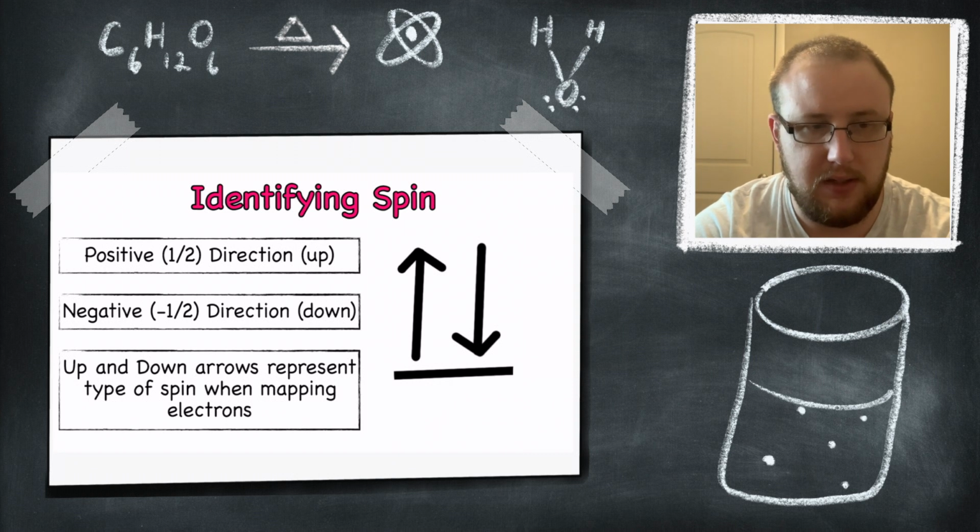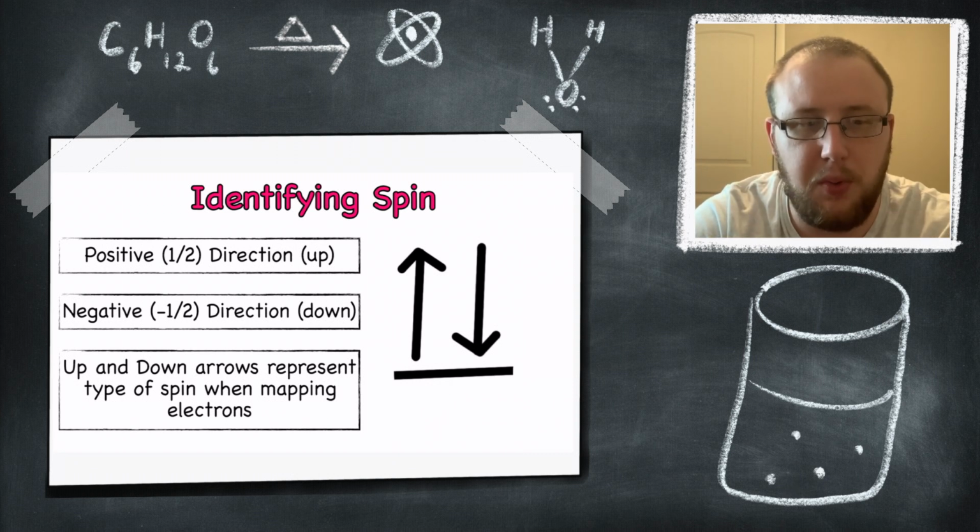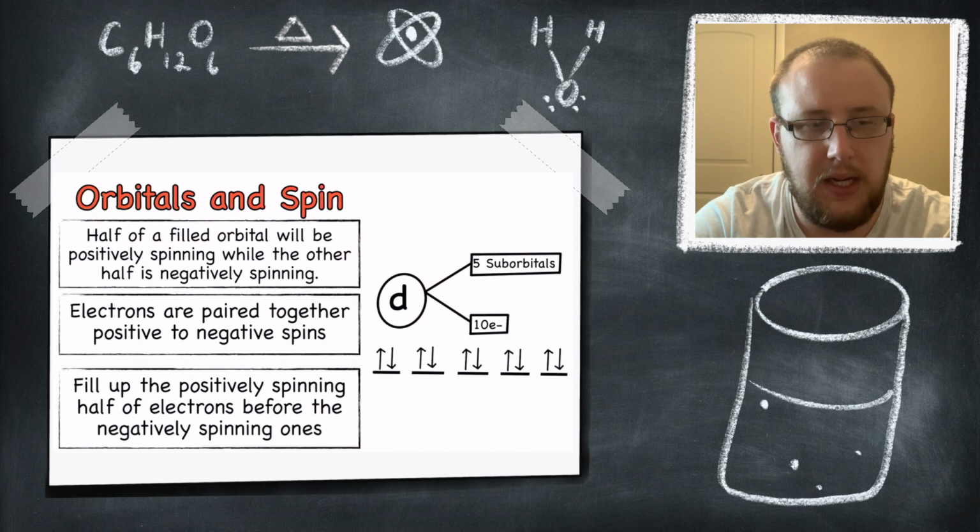Okay, when mapping electrons, it is not only important that we know where the electron is located, in other words, what orbital it is in, but if we want to be specific, we need to know how much spin or what kind of spin each electron is going to have. So, let's talk about orbital spin.